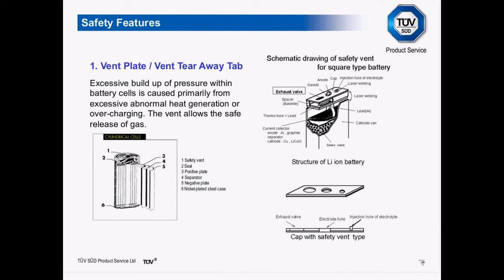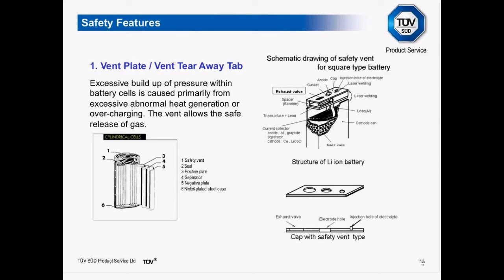So these tests are quite extensive, and as we mentioned previously, the chemistry of lithium ion has the potential to be quite volatile. So safety features are required in the battery pack and the cell. The first safety feature would be a vent or a vent plate.